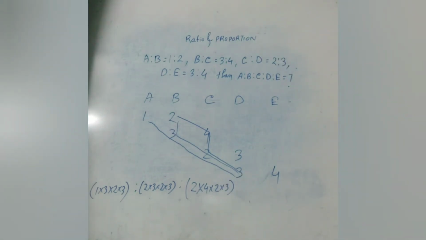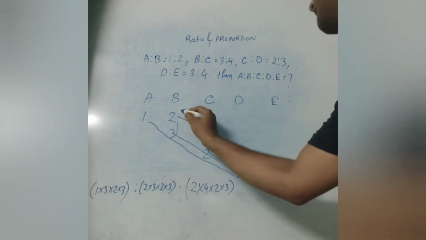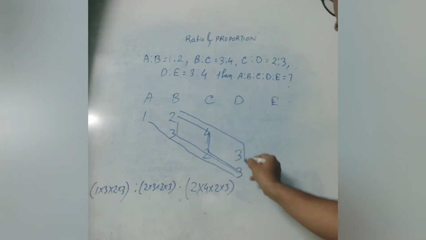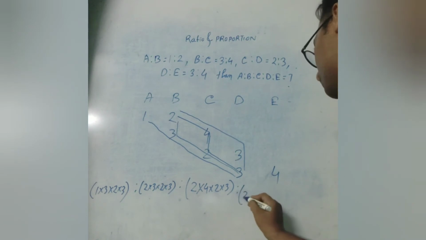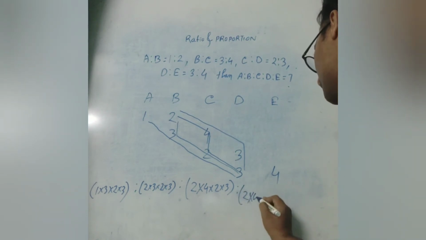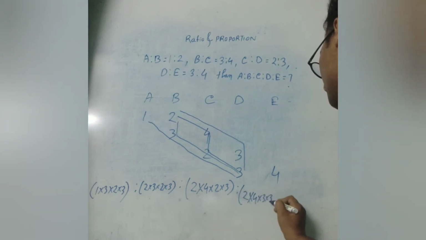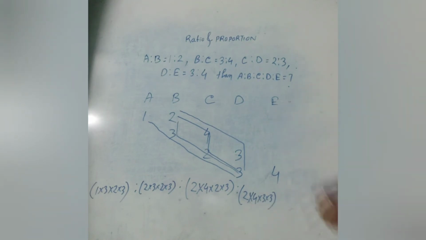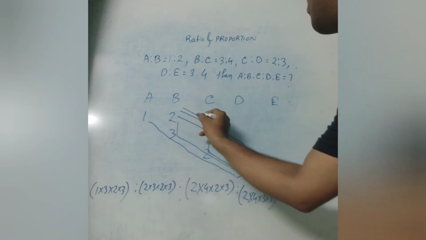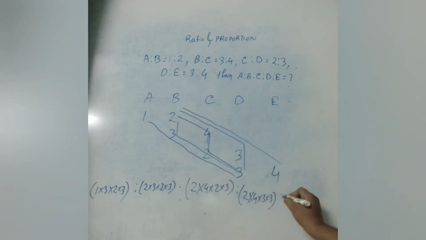Next for D, 2, 4, 3, 3. Next for E, E is the last one: 2, 4, 3, 4.